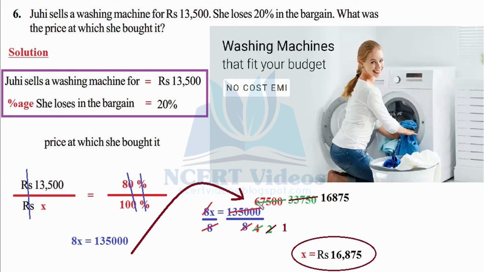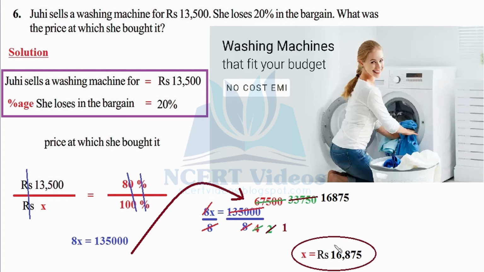2 4s are 8, 2 6s are 12, 1 carried makes 5, 2 7s are 14, 1 0, 2 5s are 10, 0 0. Now 2 2s are 4, 2 3s are 6, again 2 3s are 6, 15, 2 7s are 14, 10, 2 5s are 10, 0. Now 1 2 is 2. So last time 2 1s are 2, 13, 2 6s are 12, 17, 2 8s are 16, 15, 2 7s are 14, 10, 2 5s are 10.